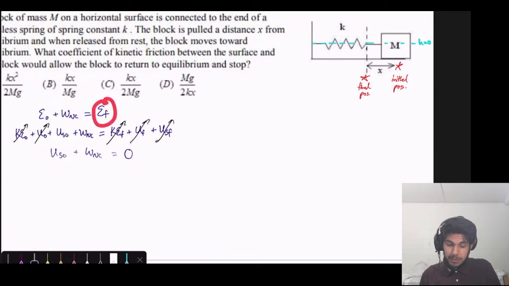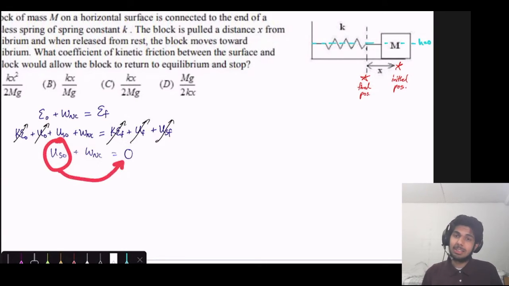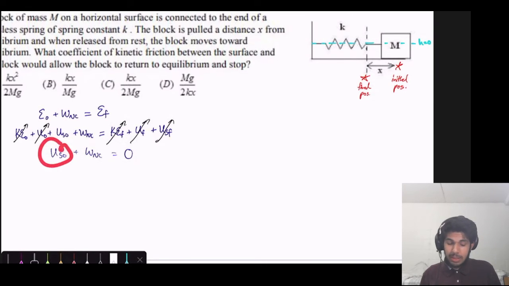And at the final position, the energy is equal to 0. So all of this energy, which was present at the beginning, has gone away. It's gone to 0. So where did all that energy go? That energy is dissipated by our non-conservative forces. So that's why we have this non-conservative work term here, because it's separate from this energy. It takes this energy away. And then that's why we have 0 final energy.